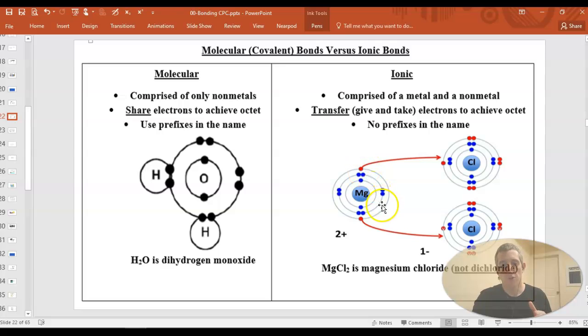They're going to lose those 2 and give them to another non-metal, in this case chlorine. And back when we did our crisscrossing, we saw that magnesium has a 2+ charge, and chloride has a -1 charge. And so you needed 2 chlorines for every 1 magnesium. And again, you can see the electrons are leaving magnesium and taking up space over there in the chlorine.